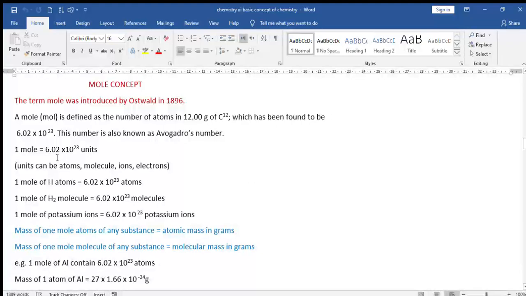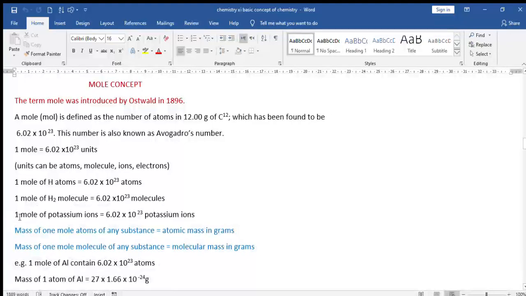It means 1 mole of any substance contains 6.02 into 10 to the power 23 units. A unit can be atoms, molecules, ions or electrons. If I am saying 1 mole of hydrogen atoms, it means it contains 6.02 into 10 to the power 23 atoms.